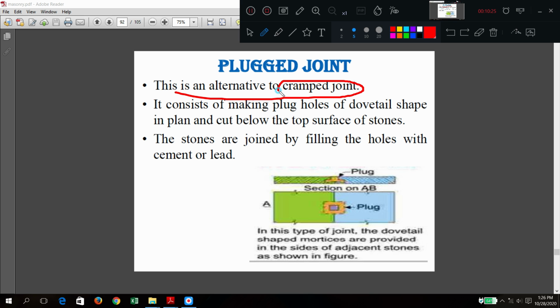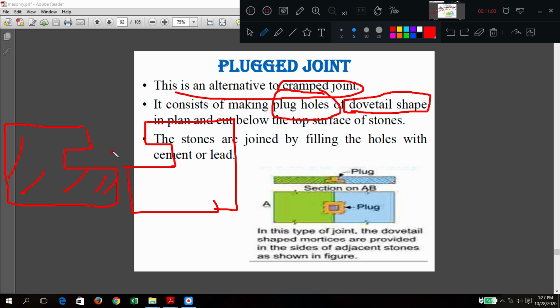Yes, these have holes which are in the dovetail shape. Let me draw this diagram bigger, like this. One stone, this stone is cut like this, and exactly the mirror like this.